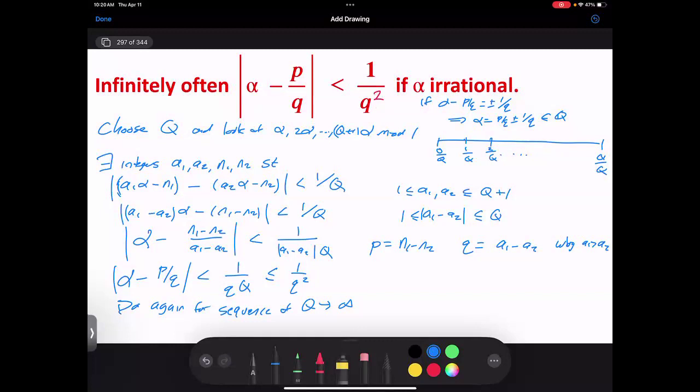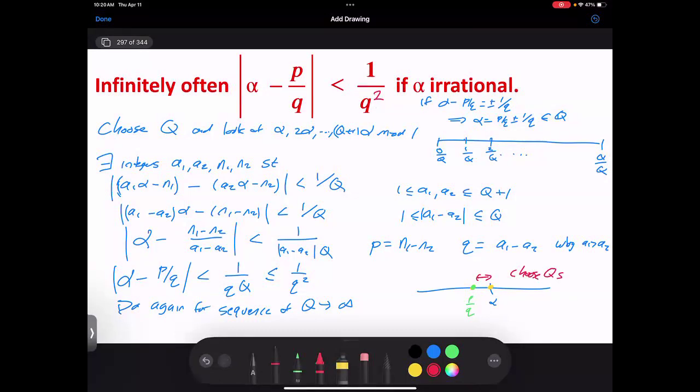Well, if you think about what's going on, if I keep generating the same P over Q, here's alpha right over here. And let's say here's my P over Q. This is going to be a fixed distance away.